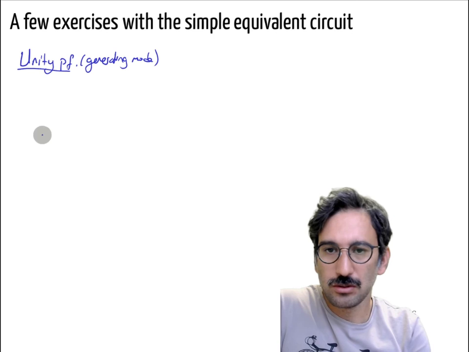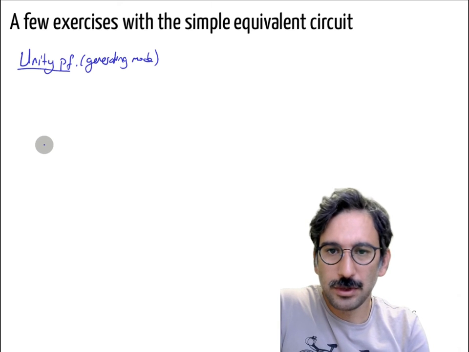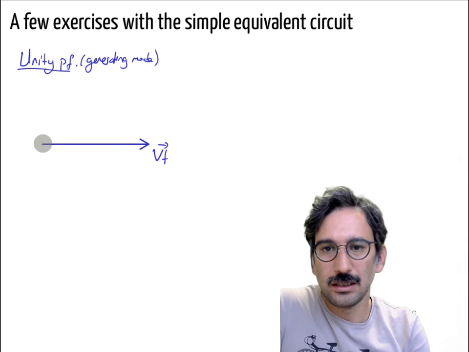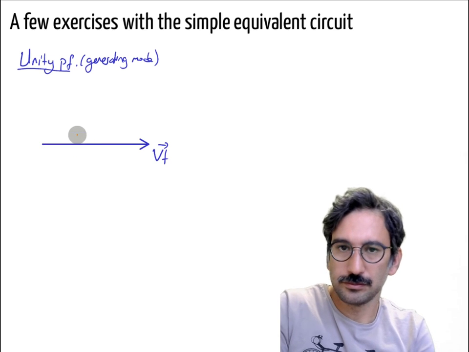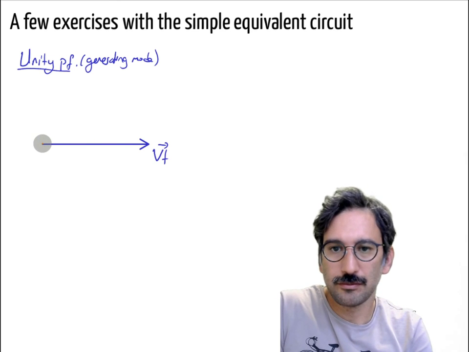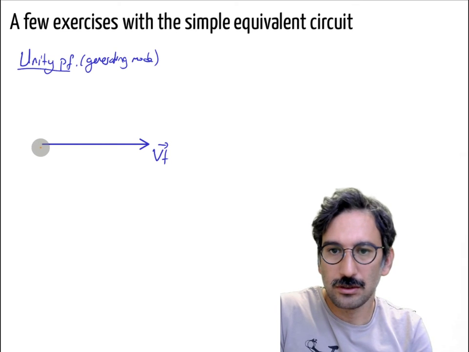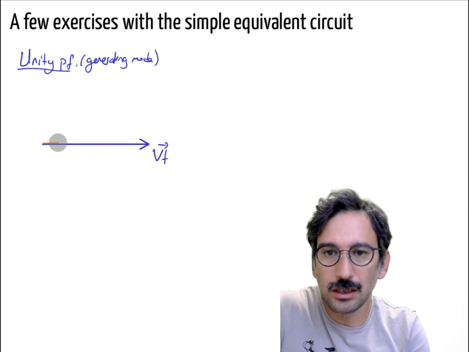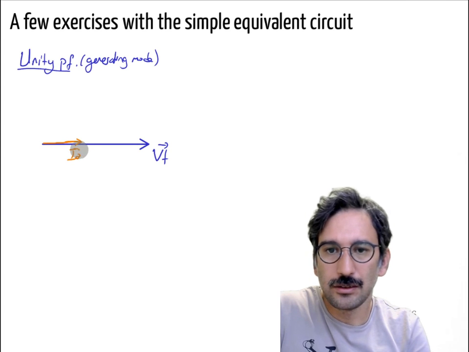Okay, so anyway, let me draw that one. Again, this is our Vt, and let's say this is our IA, right?